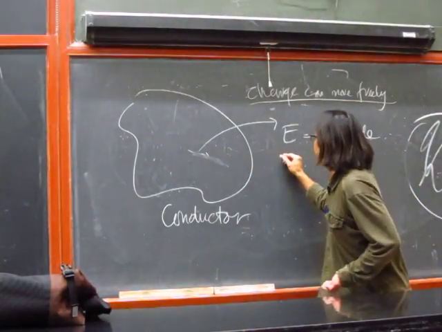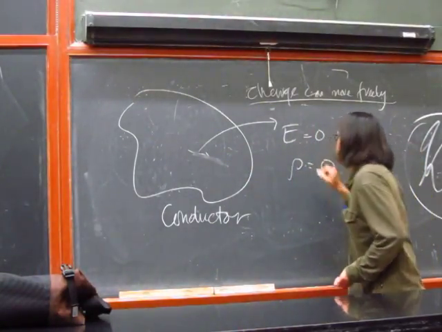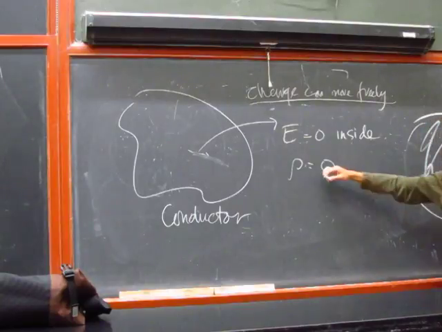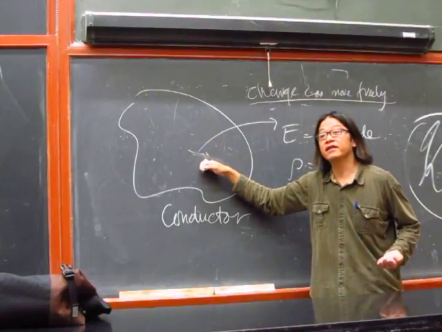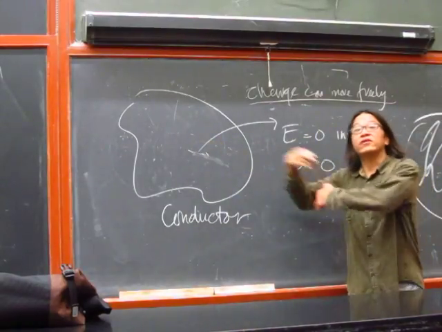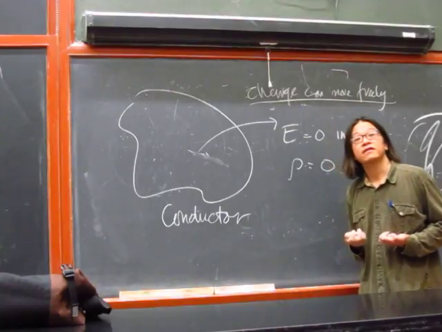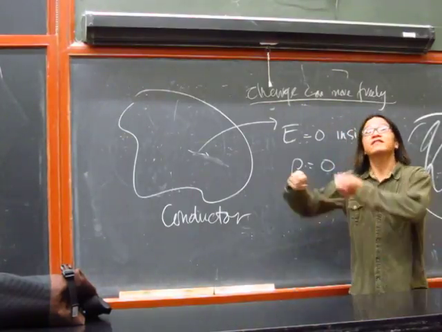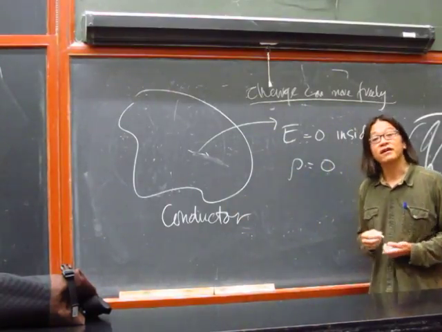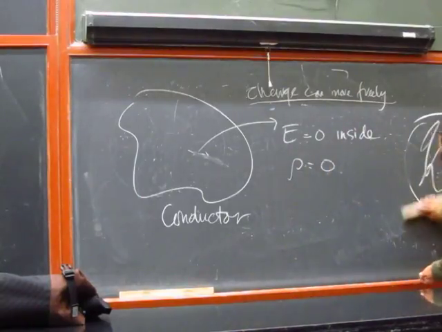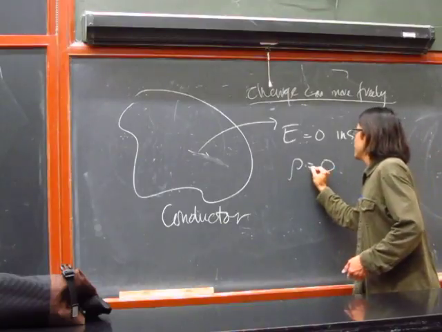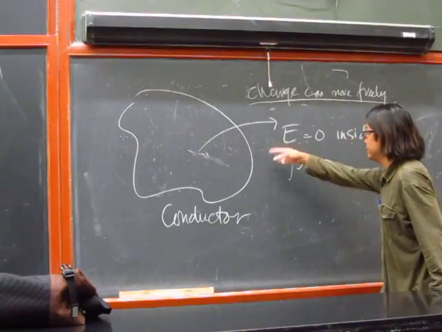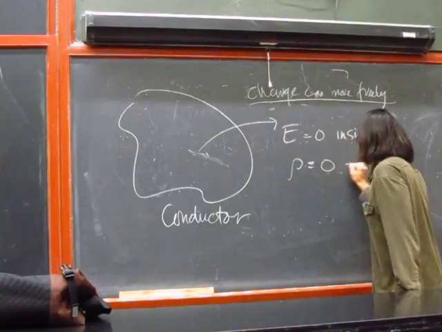So inside the conductor, there can be no net charge. The net charge has to be equal to 0, because anytime you establish an electric field inside, charge will move in such a way to cancel that field. It's not quite obvious, and in the end you have to solve it, but it's generally true that inside the conductor there is no charge.